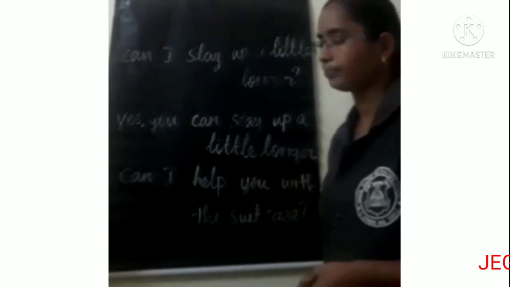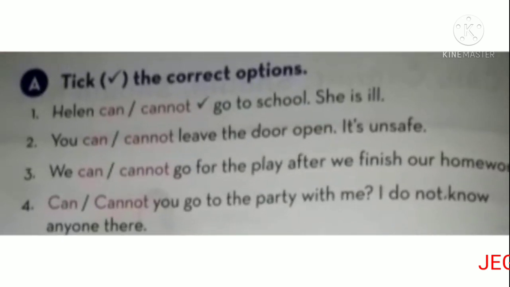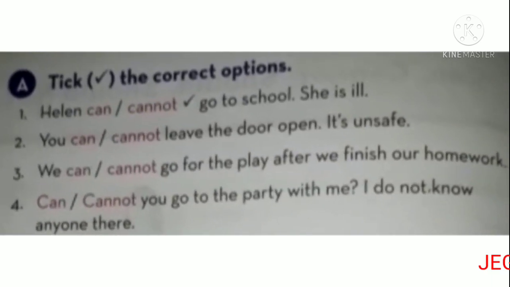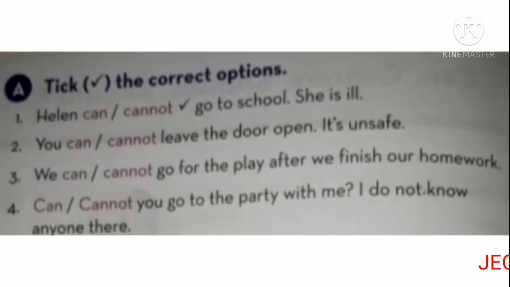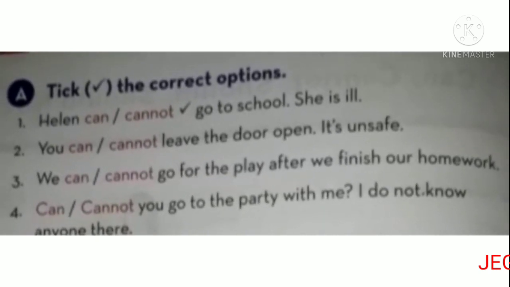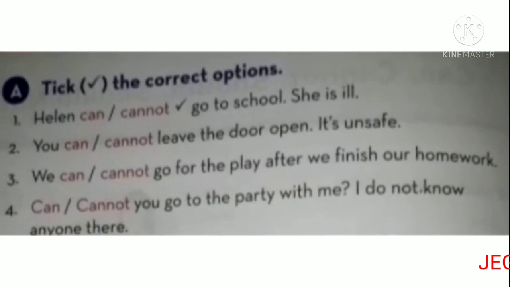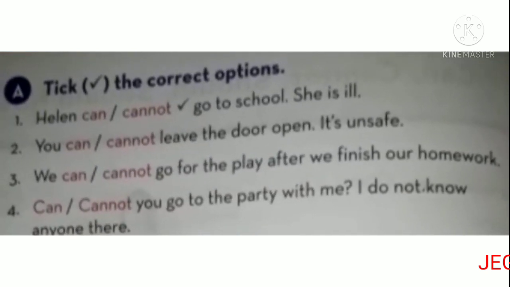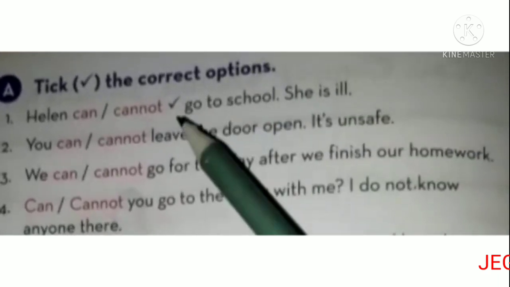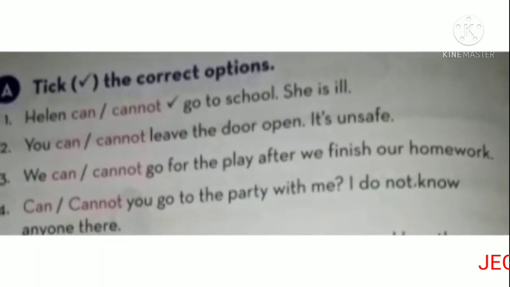Children, let's see our book exercise. Tick the correct option. Look at the first one: Helen can or cannot go to school, she is ill. Helen is ill, so she cannot go to school. So the answer is cannot.